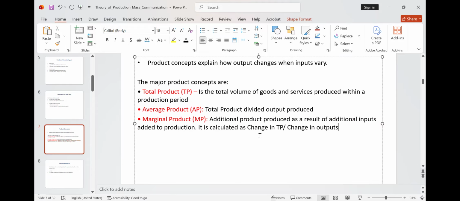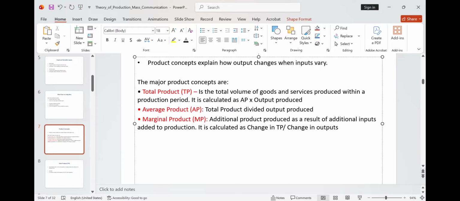Okay, so these are just a few explanations I can give. Total product is the total volume of goods and services produced within a production process. It is calculated as average product times output produced.